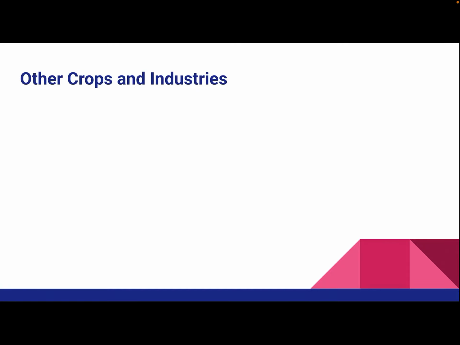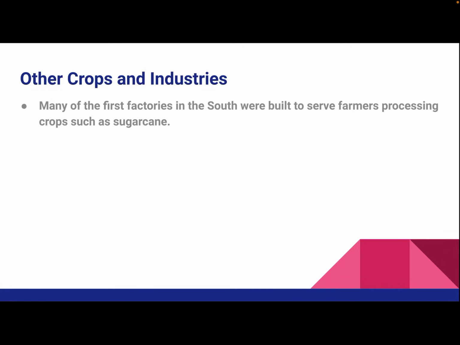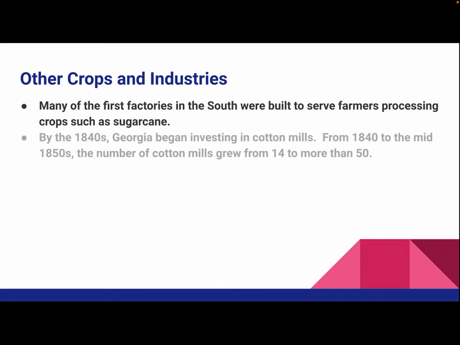Oh, okay. All right, so many of the first factories in the South were built to serve farmers processing crops such as sugarcane. By the 1840s, Georgia began investing in cotton mills. From 1840 to the mid 1850s, the number of cotton mills grew from 14 to more than 50.